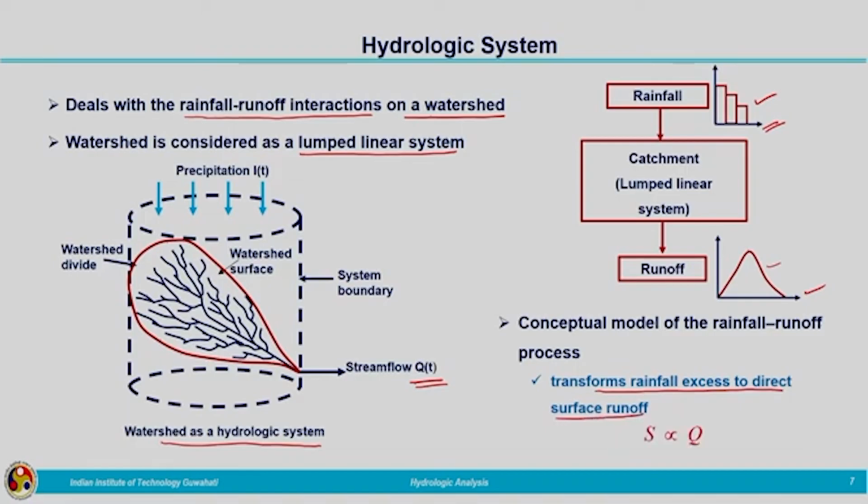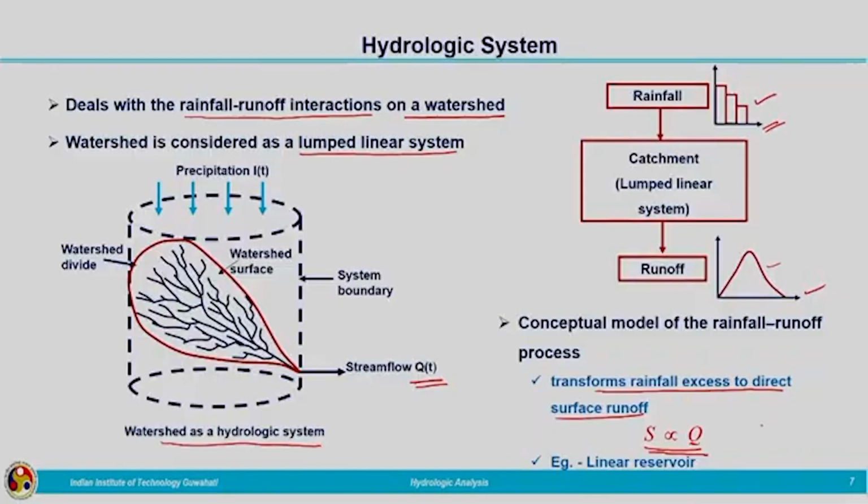One example for this is the linear reservoir, in which storage is directly proportional to outflow. A linear reservoir is an example of a lumped linear system. So, a catchment can be approximated by means of a linear reservoir.